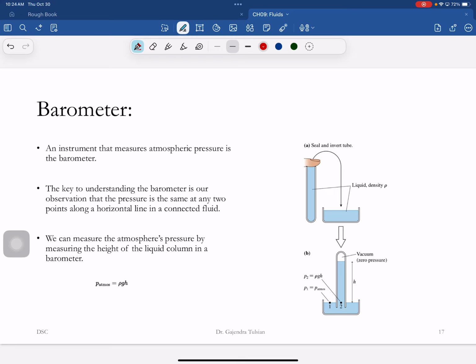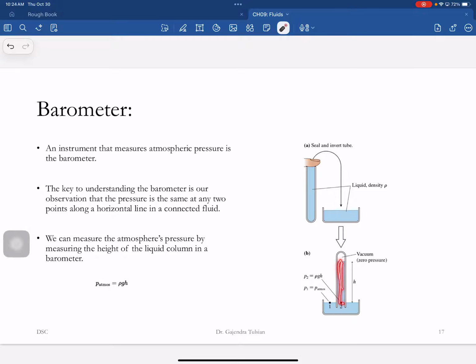So a barometer is something that measures atmospheric pressure. And here's how you make a barometer. You take mercury, fill this tube up with mercury, hold your thumb over the end, and then invert it in a mercury bath. Then this liquid will come down to there.